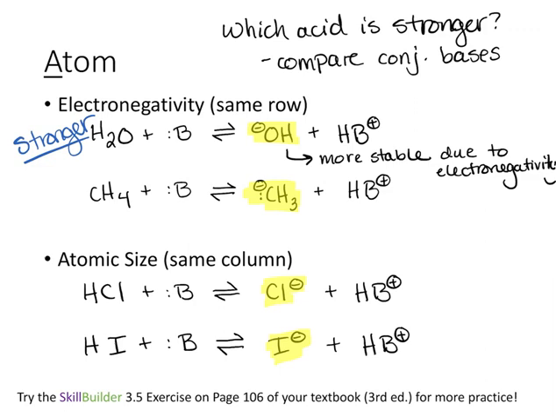So if iodide is larger, does that mean that it's more stable or less stable than the chloride ion? Another way to think about this is, do larger atoms accommodate a negative charge better or worse?